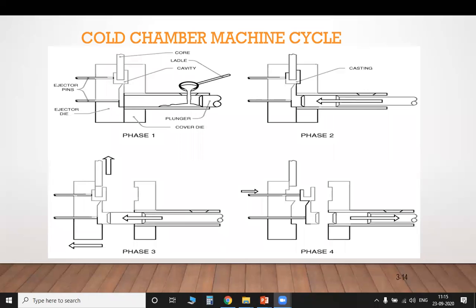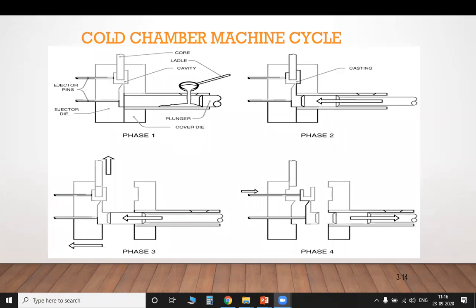What is going to happen? Yesterday in the hot chamber die casting, with the help of a furnace, you were melting the metal continuously, and it has a gooseneck and an injector nozzle tip. The total arrangement was dipped in a furnace containing molten metal.